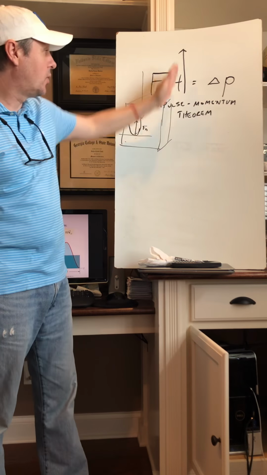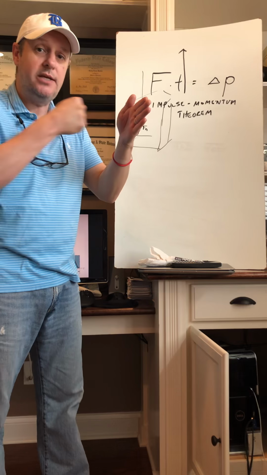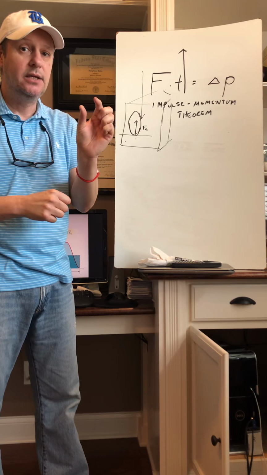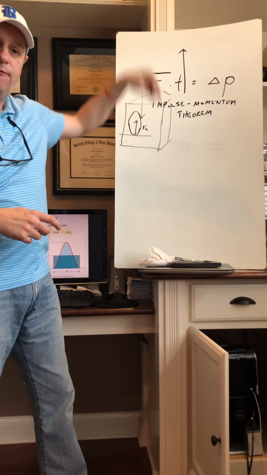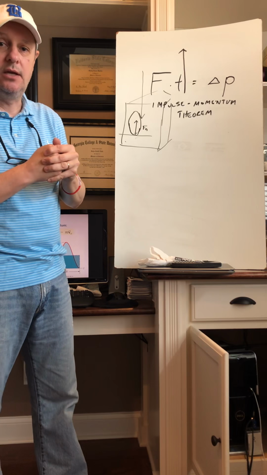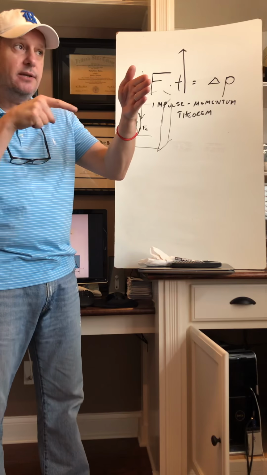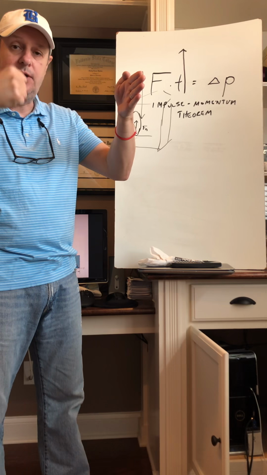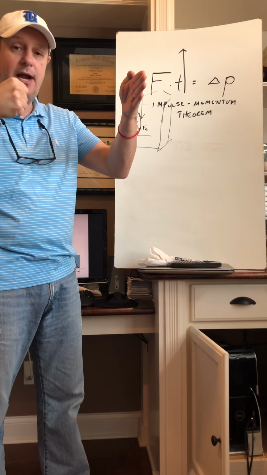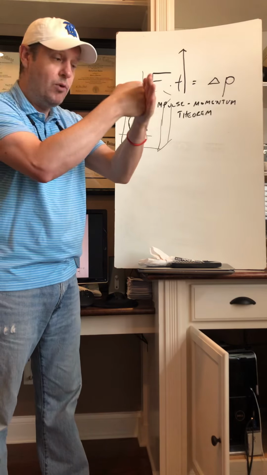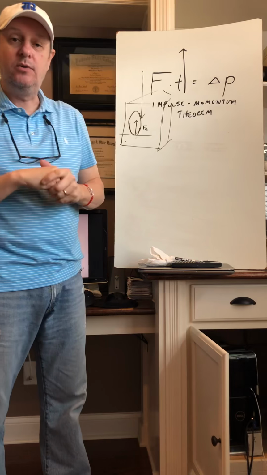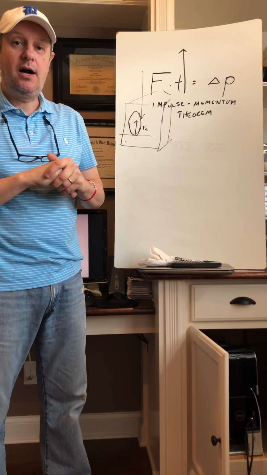But if you can increase that time over which your body is coming to a stop, even slightly, then that's going to decrease the force that causes that drastically. Once again, let's put an airbag in there. So here's your body coming to a complete stop, and you put an airbag in there and it goes, so something in there in between you.